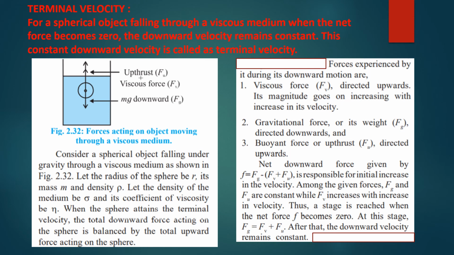In such a situation, for a spherical object, when the net force becomes zero, the downward velocity remains constant, and this constant velocity is called terminal velocity.